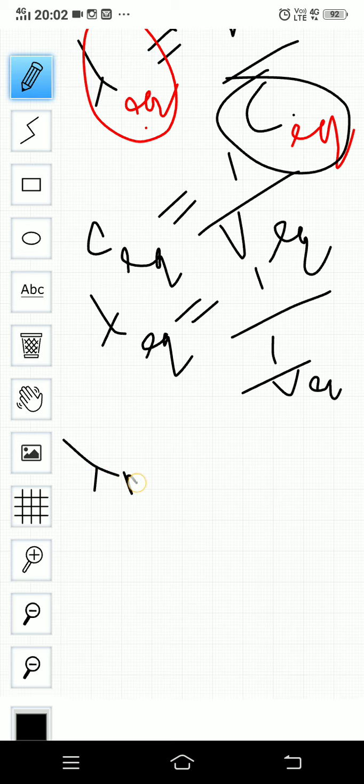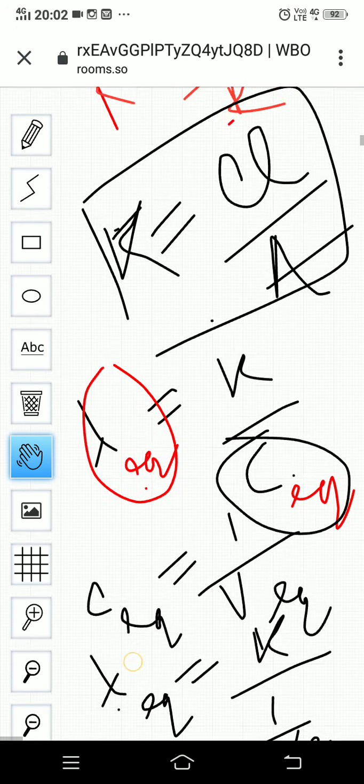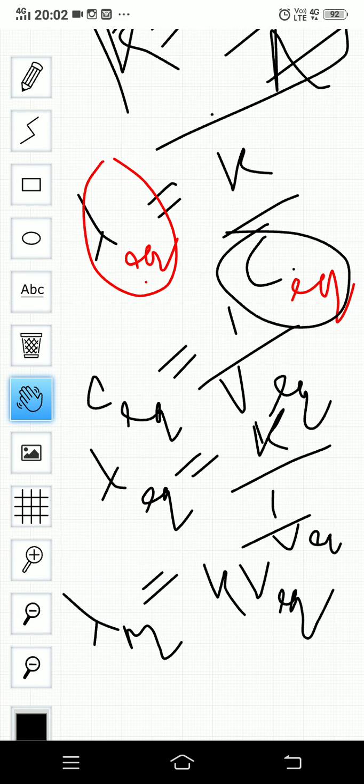So lambda equivalent is equal to K into V equivalent. Since the original formula was lambda equivalent K by C equivalent, and C equivalent I have got the value 1 by V equivalent, so ultimately it becomes lambda equivalent is equal to K into V equivalent.